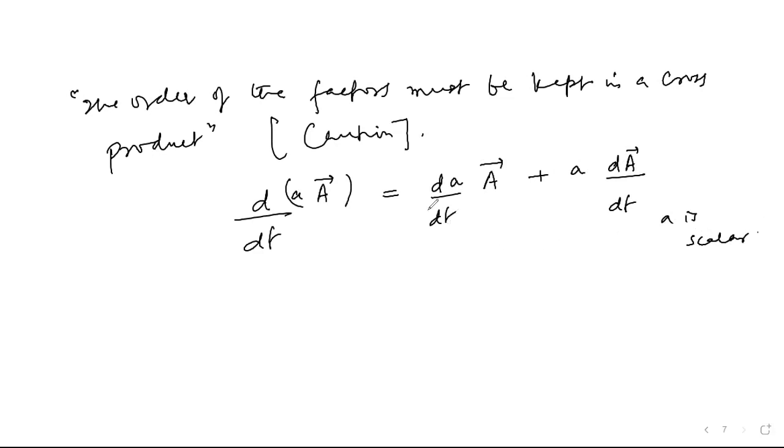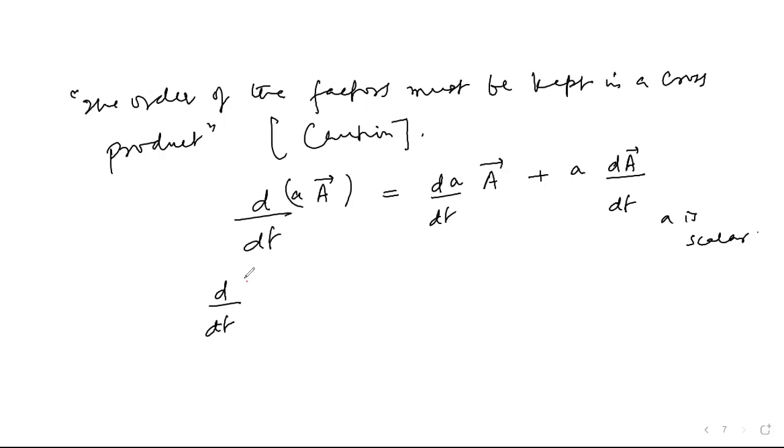So here you are using simply ordinary product rule. You differentiate first factor, keep second undifferentiated as a multiplier. Then you differentiate the other factor and first one is kept as a multiplier. d by dt of a times A plus a times d by dt of vector A.